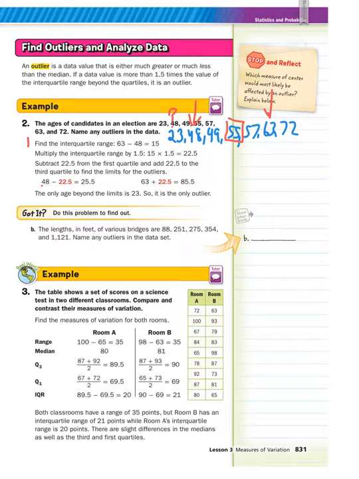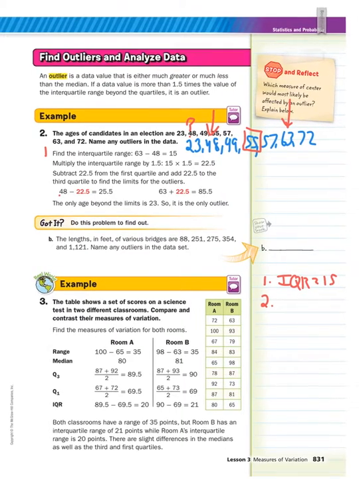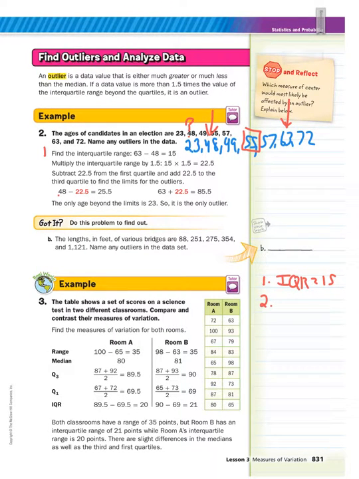So step 1 is going to be find the IQR is 15. Step 2 is going to be multiply the interquartile range by 1.5. So this is going to be step 2 right here. And if we do 15 times 1.5, we get 22.5.